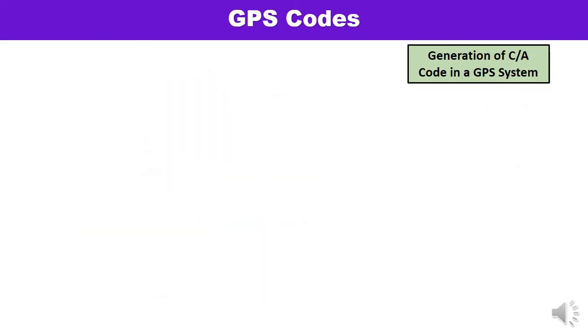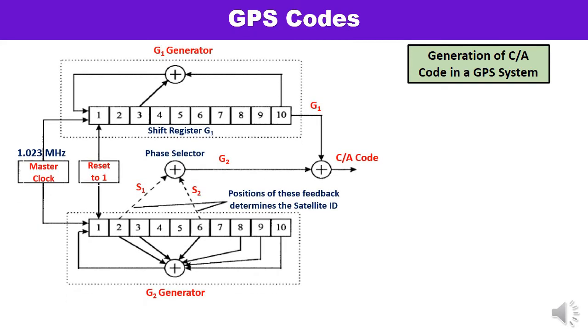So here first we need to draw the diagram for the generation of the coarse acquisition code in a GPS system. This is the diagram. You can see there are two generators, the G1 generator and the G2 generator, and at the output the coarse acquisition code is generated.